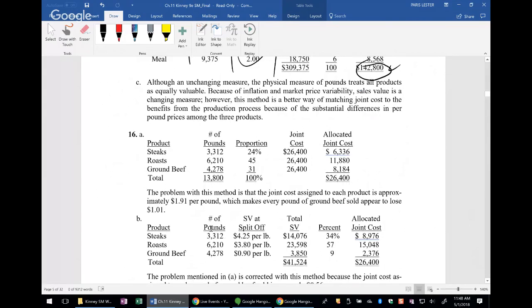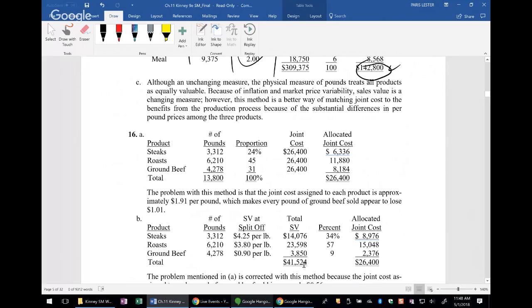Okay, now B part, it asks you to allocate the joint cost to the three products using the sales value. We got the same pounds, but they give you this: the sales value split off, total sales value, 14,23.3 adds up to 41.